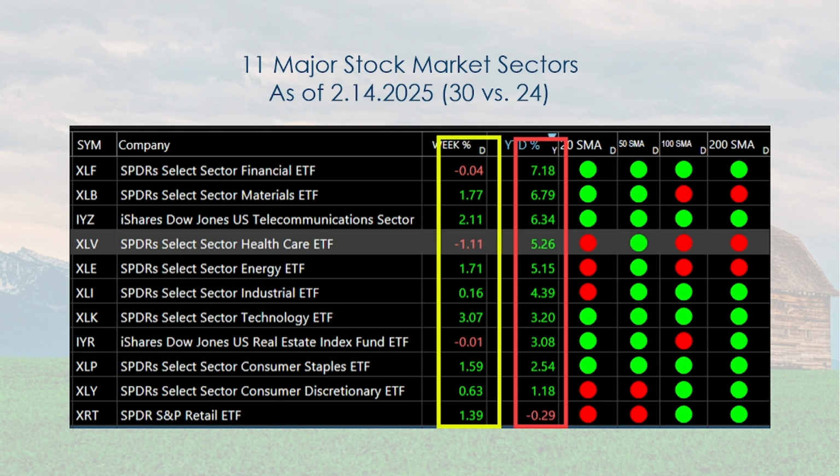They go all the way from 7% positive down to 1% positive, and then retail is slightly negative. And again, you can see the red and the green. The red dots are below their moving 20, 50, 100, 200-day moving average, or they're above it, green dot.